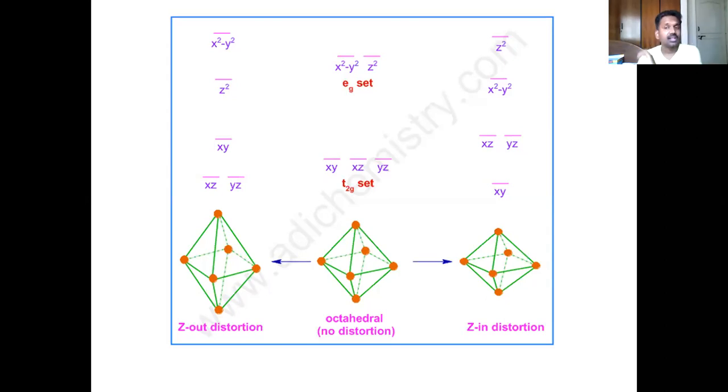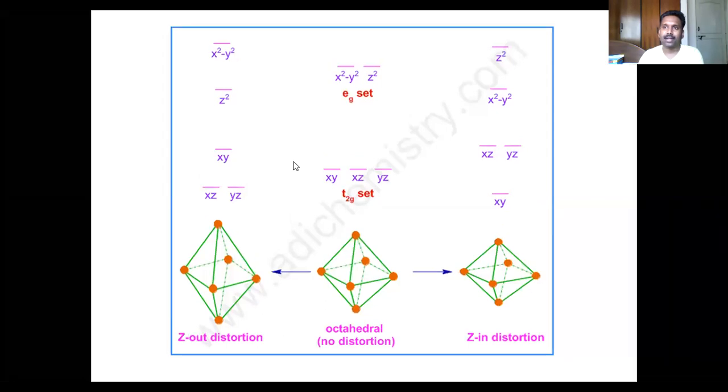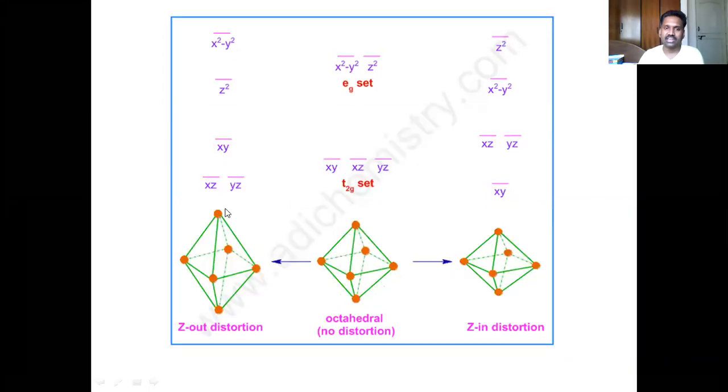Therefore, you see in the Z out, all those orbitals which involve Z in both these sets have reduced energy, because that's why I showed you the orbital picture in my second slide. dz square is an orbital which is directly pointing along the Z axis. So naturally, those ligands which are moving out on the Z axis will have lesser repulsion on the orbitals which contain Z components.